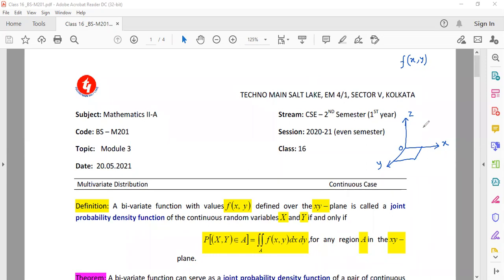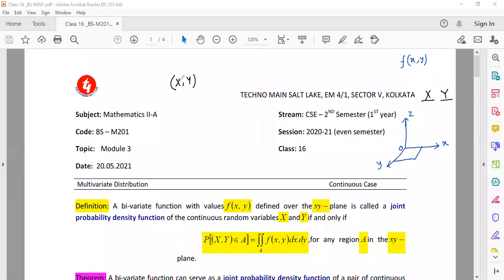now small x can take infinitely many values on this real line, and small y can take infinitely many values on this real line. So corresponding to these two variables, we can consider two random variables, one capital X and another capital Y. Capital X can take any value on the x-axis and capital Y can take any value on the y-axis, and we'll look at these values pairwise.